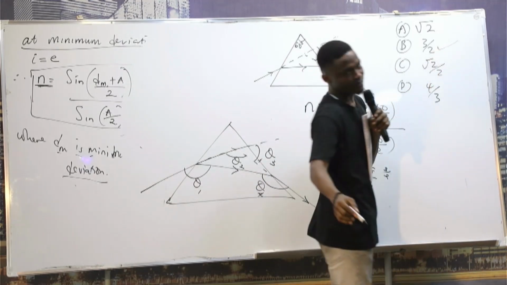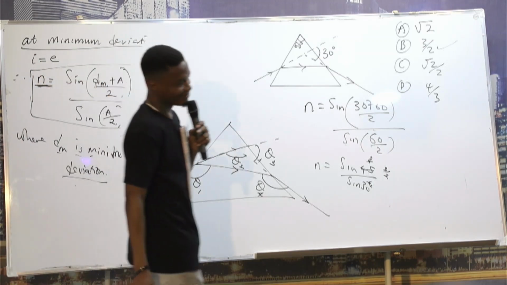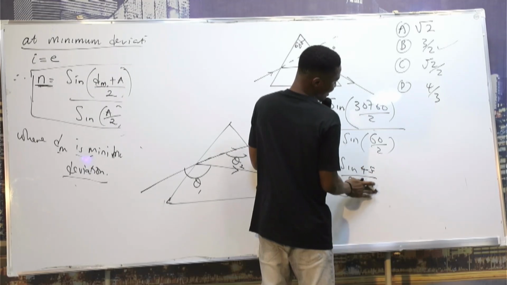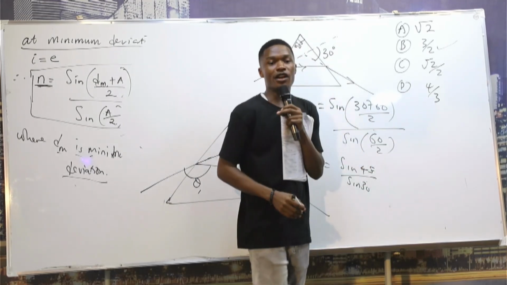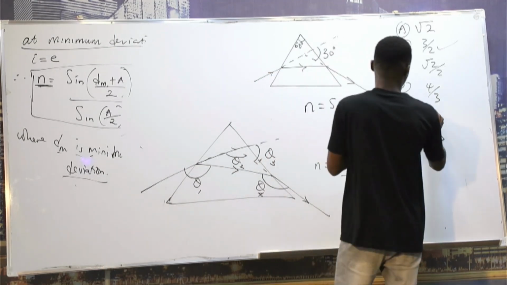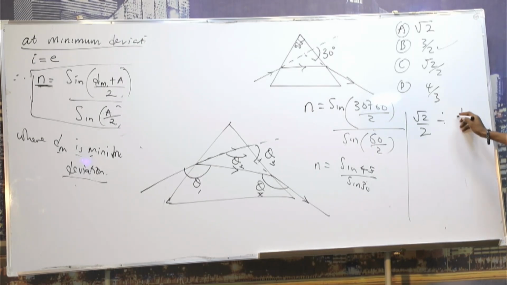So what is the value of sine 45 in short form? Root 2 over 2, divided by sine 30, which is 1 over 2.